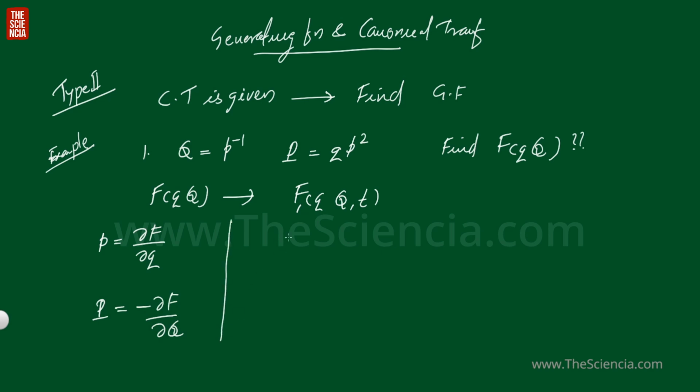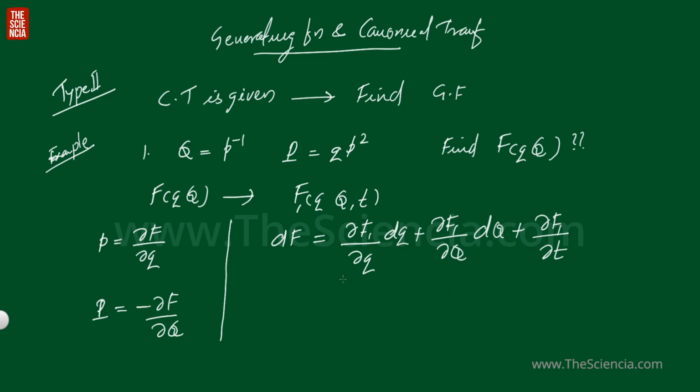And I can find out this df. See, f is a function of q, Q and t, then I can write df is equal to dou f1 by dou q into dq plus dou f1 by dou Q into dQ plus dou f1 by dou t.